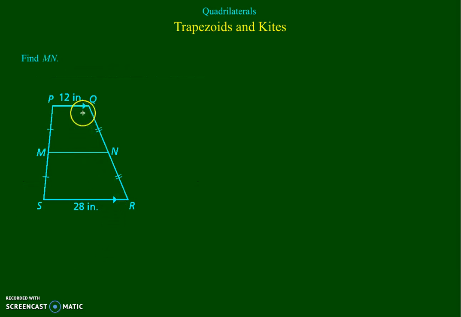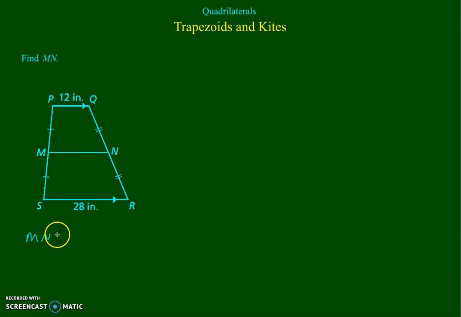In this example we have a trapezoid, and this is a midsegment because this is congruent to this and this to this, therefore N and M are midpoints of their respective legs. So since this is a midsegment, we know that this length is 1/2 the sum of these. So let's put that down.